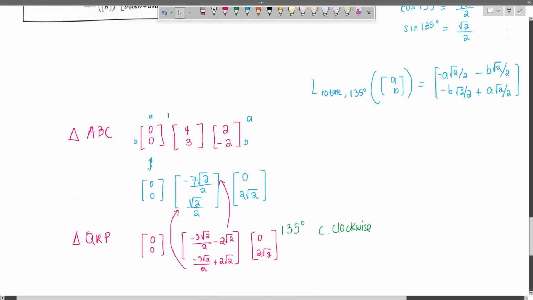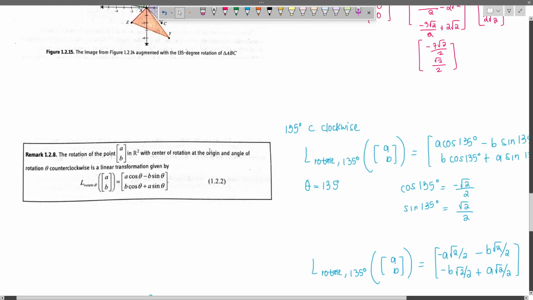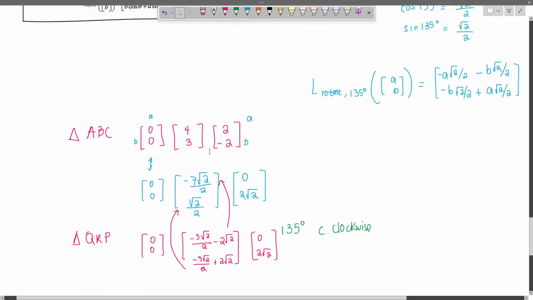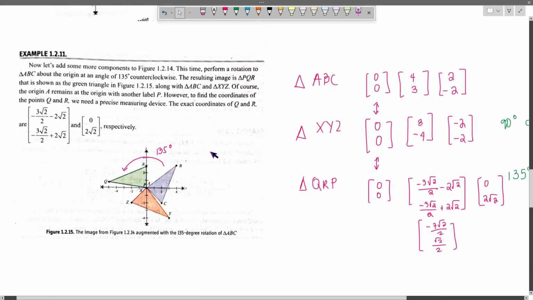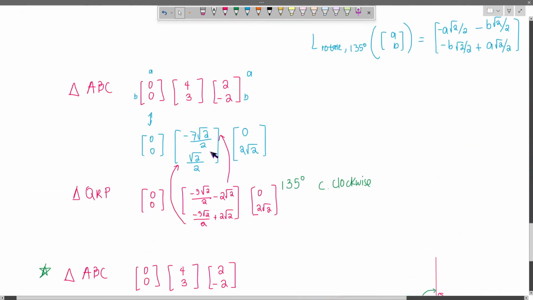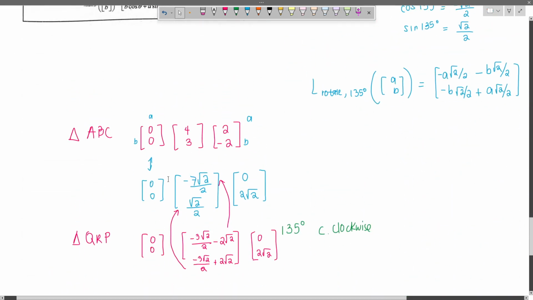So our original points are A, B, and C. And then from here, okay, these are the values that we're going to have.